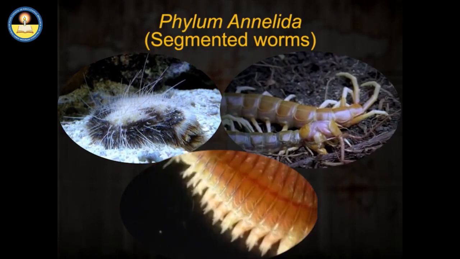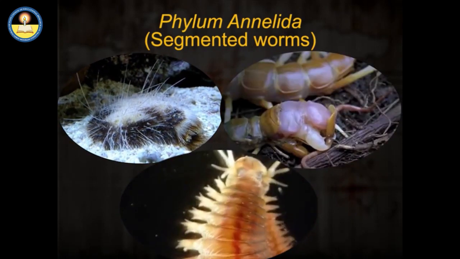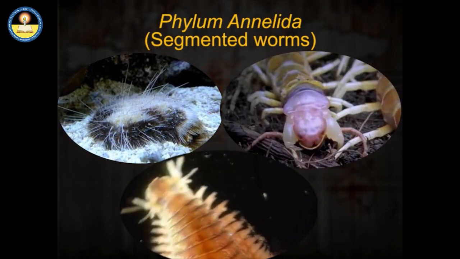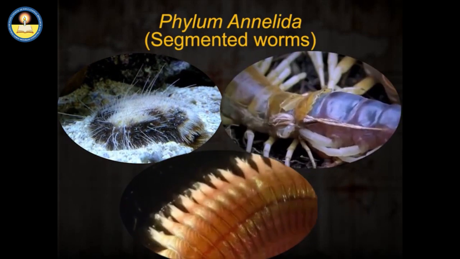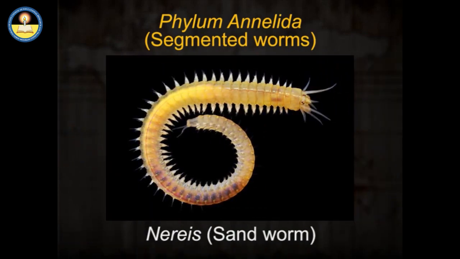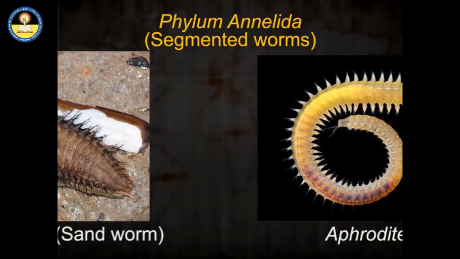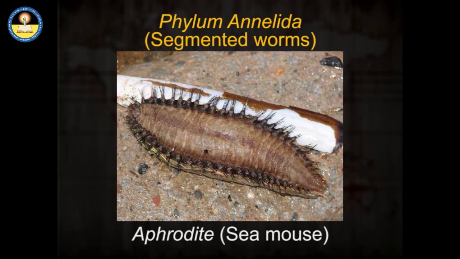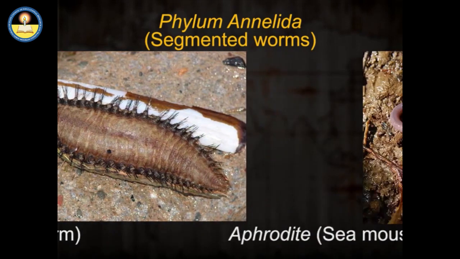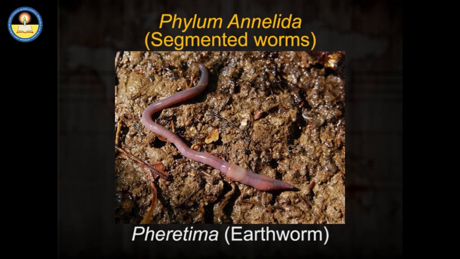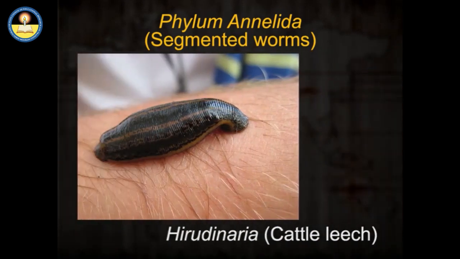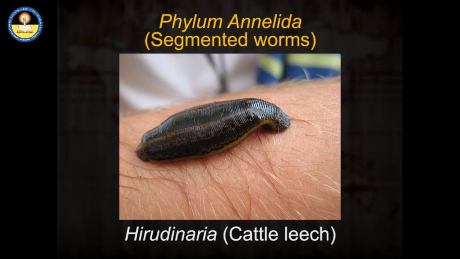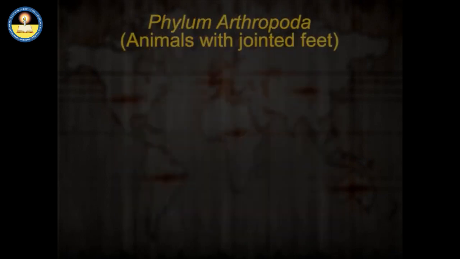They are found in fresh water, moist soil and marine water. Example, Nereis, that is sandworm. Aphrodite, that is sea mouse. Pheretima, that is earthworm. And Hirudinaria, that is cattle leech.